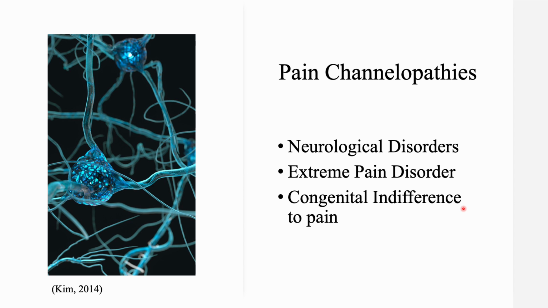So this prevents the flow of sodium ions into the nociceptors. This lack of sodium ion influx blocks nociceptors from transmitting pain signals from the site of an injury to the brain. Unfortunately, there is no treatment for this.